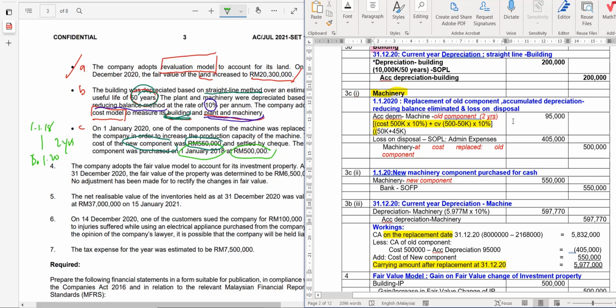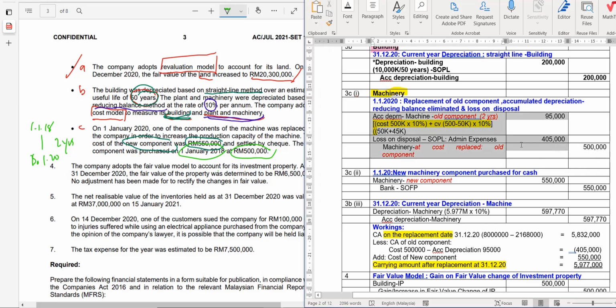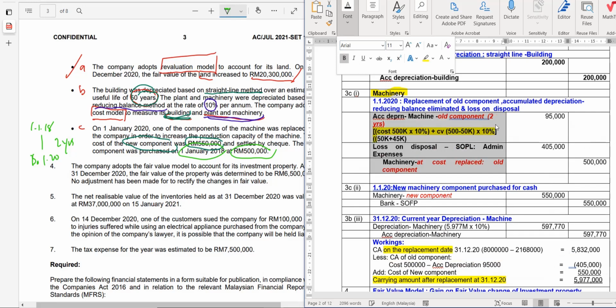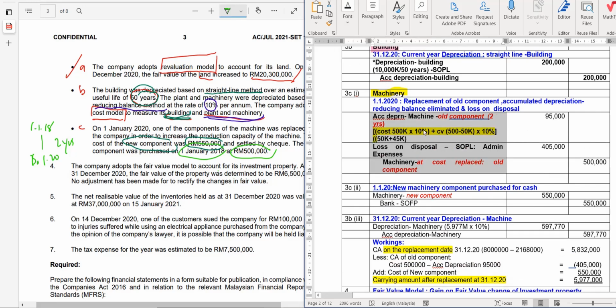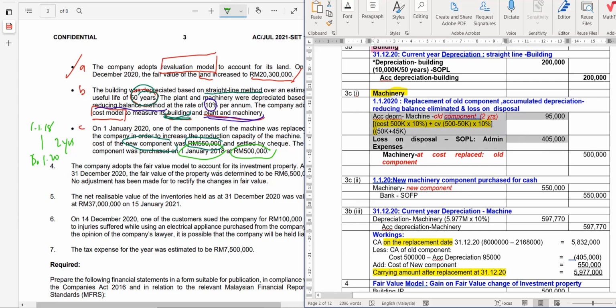So when you remove, you debit accumulated depreciation, and at the same time the old machinery component must also be removed, so you credit the machinery. Earlier on you debit your machine accumulated depreciation. If you do that, you will notice that there is a difference.